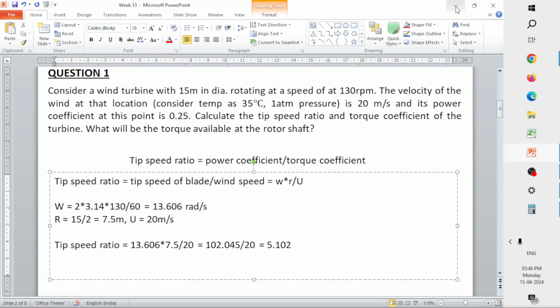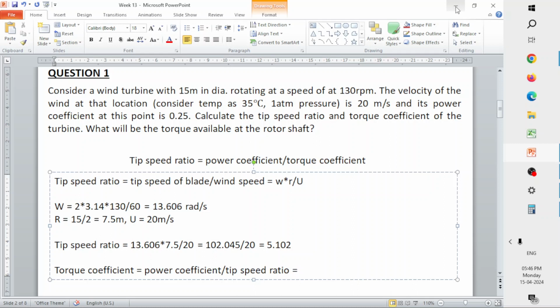Next, you are supposed to calculate the torque coefficient. Torque coefficient is nothing but power coefficient divided by tip speed ratio.